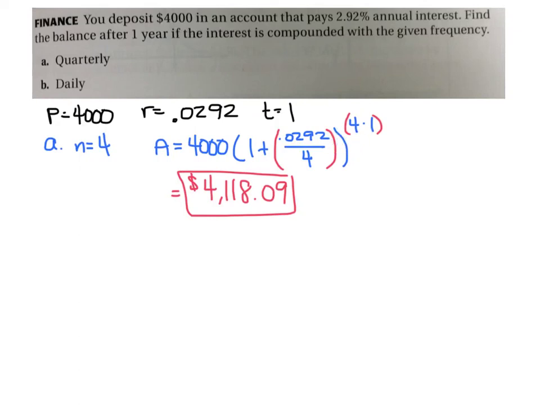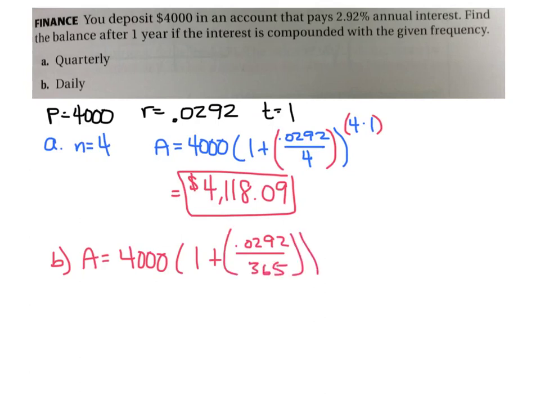So in my second example, for daily, I have 4,000 times 1 plus 0.0292 over, if it's daily, how many times is that a year? 365. So I'm going to put an extra set of parentheses on that. It's to the 365 times 1, which is just 365.